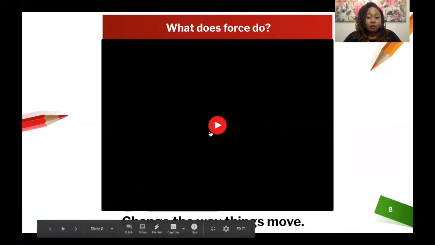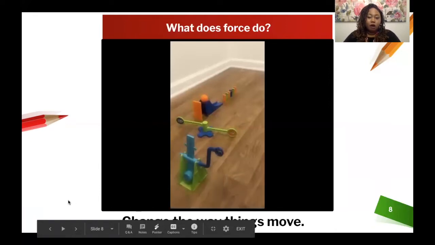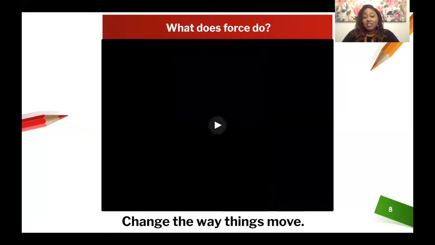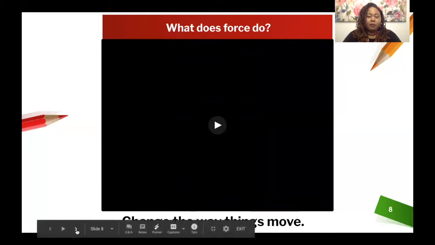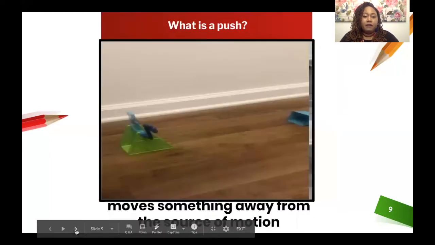Let's go back one more time and see what else I changed. I changed the way the ball moved, the little hammer thing, that light blue thing, also the spinning orange and green things. I changed the way they moved by putting some force into them. Awesome, so force changes the way objects move.